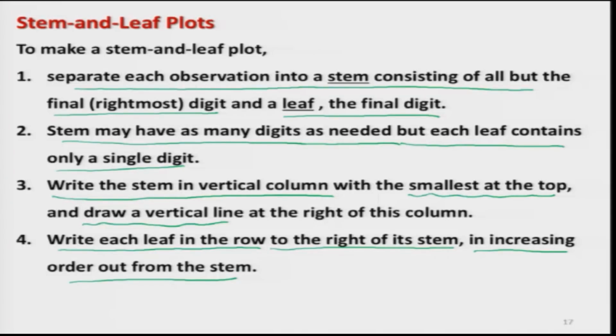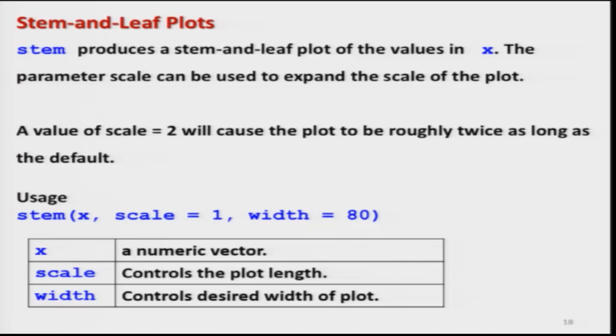First let me give you the R command, and then I will show you what the stem and leaf plot looks like, which will help you understand better. In R we have the command stem. This command produces the stem and leaf plot of the values in a variable, here data x. We write stem with the argument x, and then the size of the stem plot is controlled by a parameter called scale.